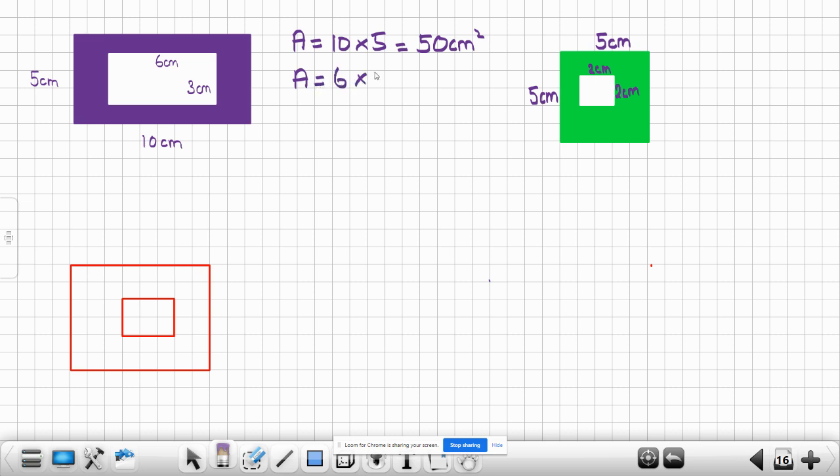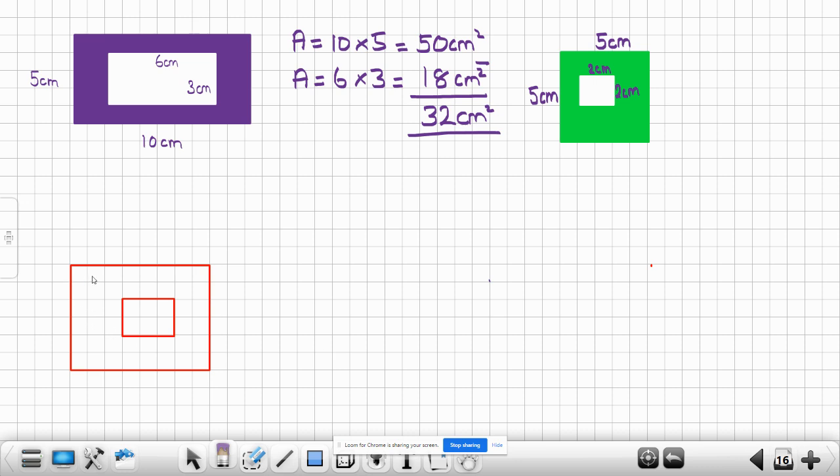That is 6 times 3, which is 18. And that is missing, if you like, from our big one to form this border. So 50 minus 18 is 32. I keep forgetting to put my little 2's. That's the area.